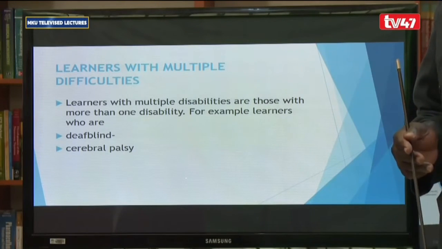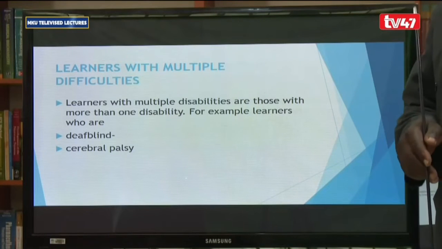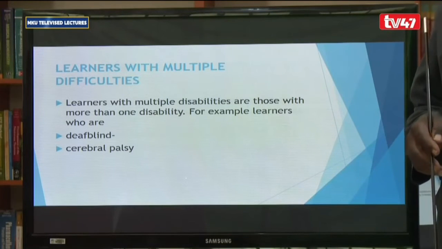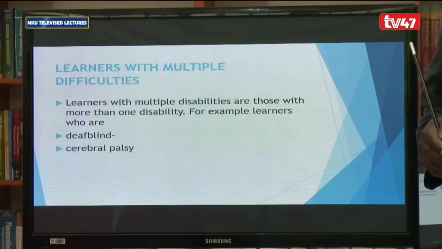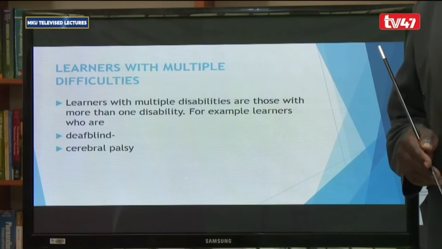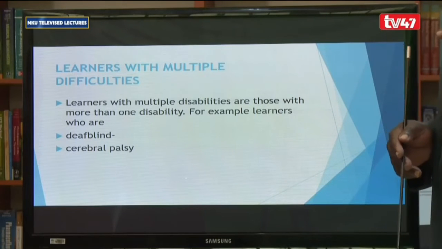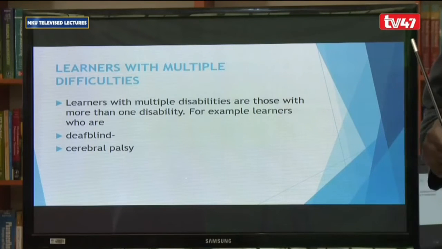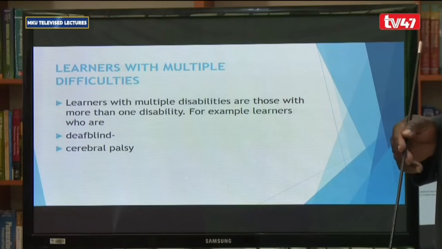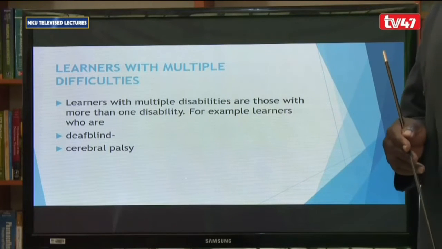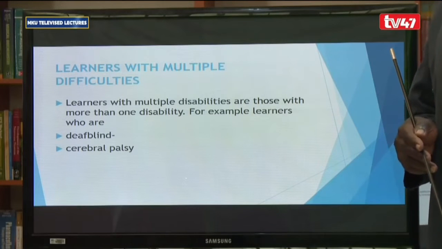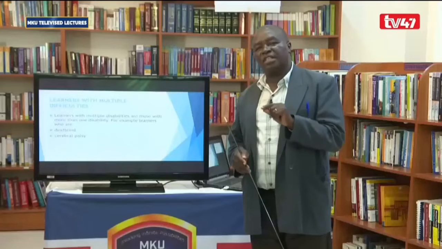We have also seen visual impairment, deaf-blind, physically handicapped, and even hearing impaired. So any learner with more than one disability is called a multiple disability.